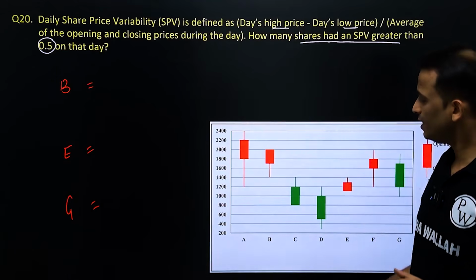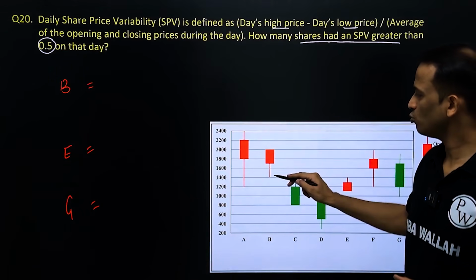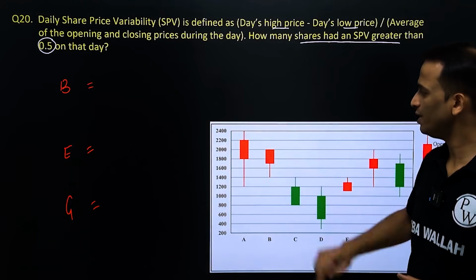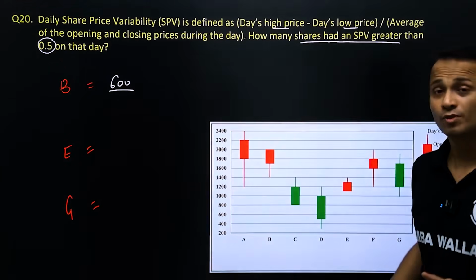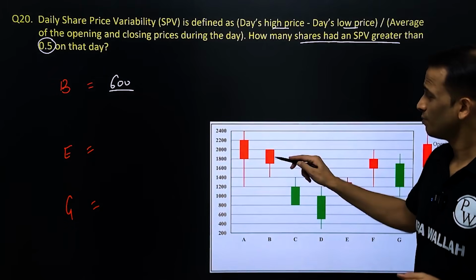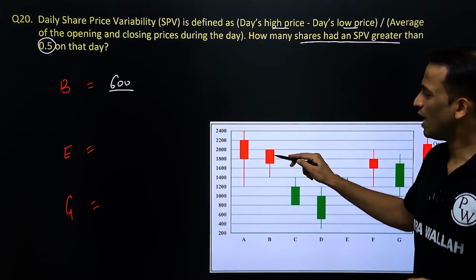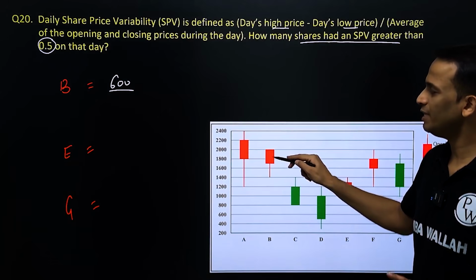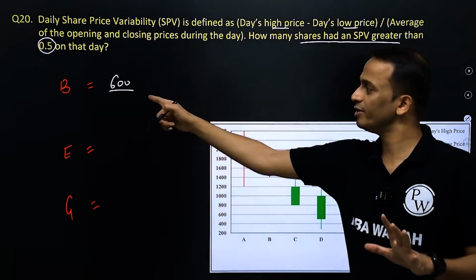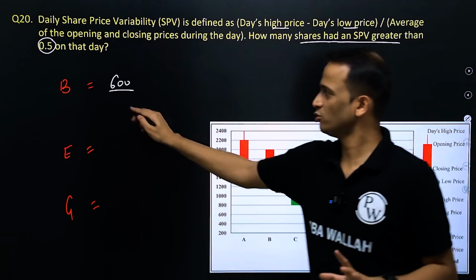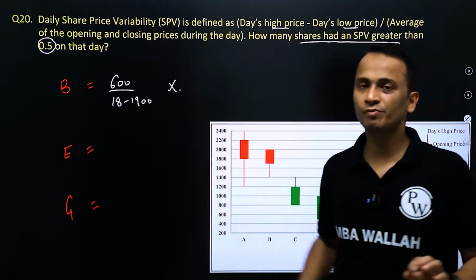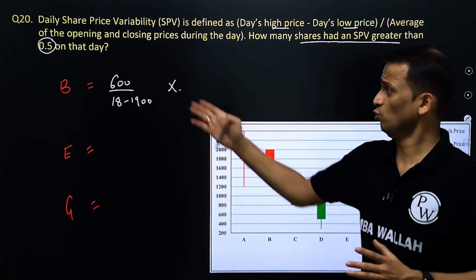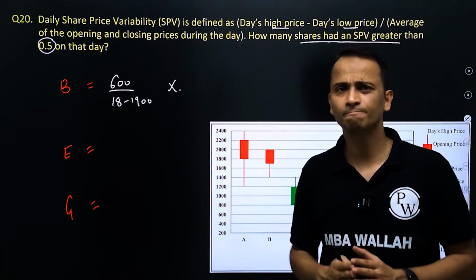Okay. So for B, SPV is 2000 minus 1400, that is 600, divided by, no need to even write this value. The average of these two will certainly be in the range of 1800 to 1900, so I can say that SPV will be less than 0.5. 1 upon 3, 0.33, right?